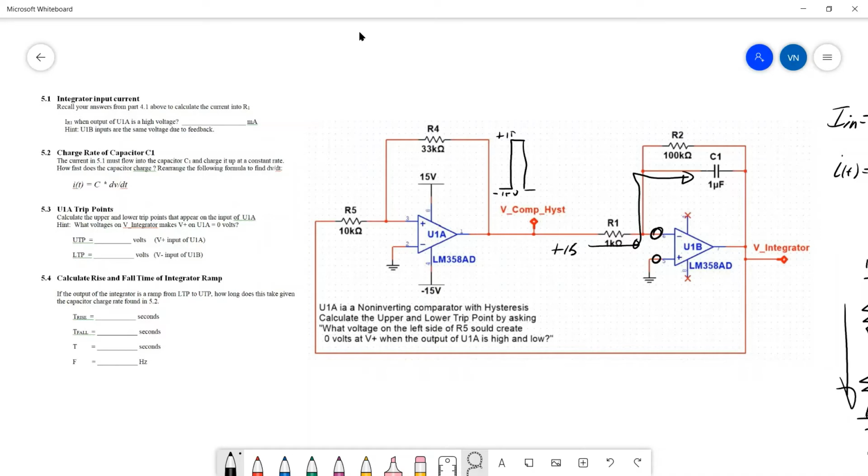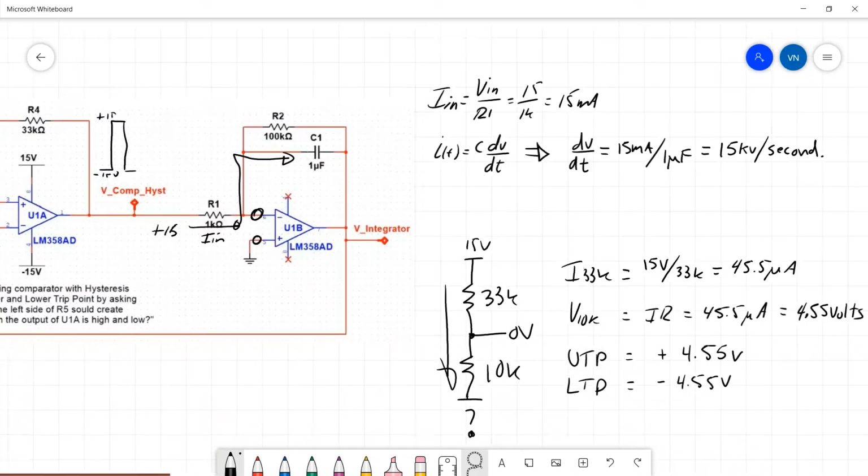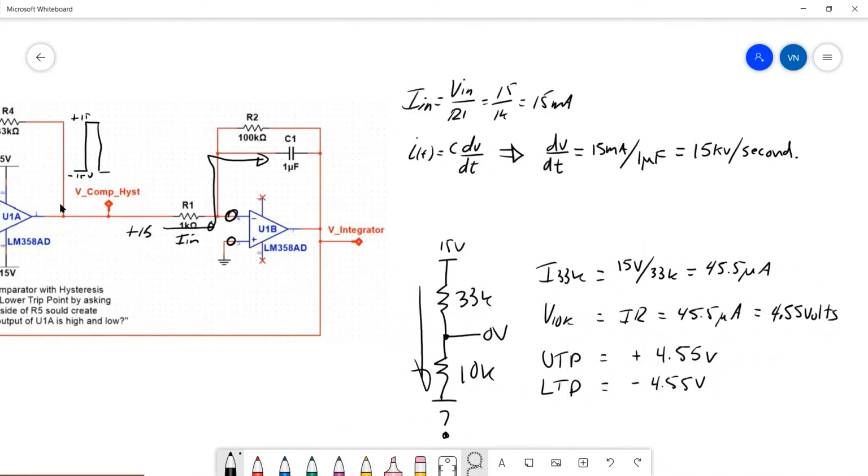And since we're charging it with a constant current, the voltage will rise at a constant rate. So I've got some formulas over here. We start off with 15 volts here, and then there's I in. How do you calculate I in? Well, I in is equal to V in over R1, which is a 1K.